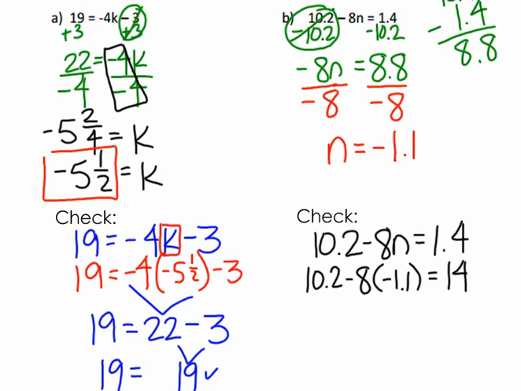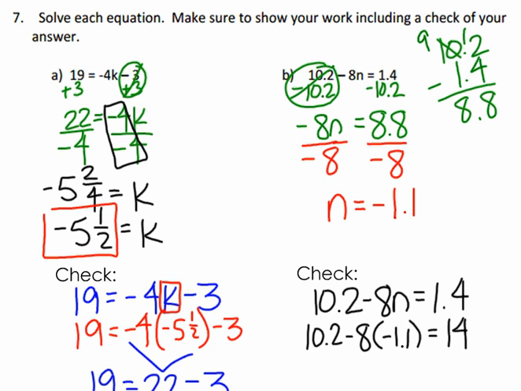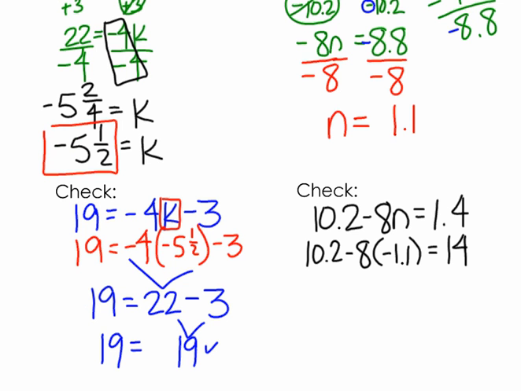So if I go back to my work, I actually subtracted more negative than what I had, so this should have been a negative 8.8, and a negative divided by a negative would be a positive. So this would actually be n equals positive 1 and 1/10. Okay, so that was a mistake, but I was able to catch it on the check it step.